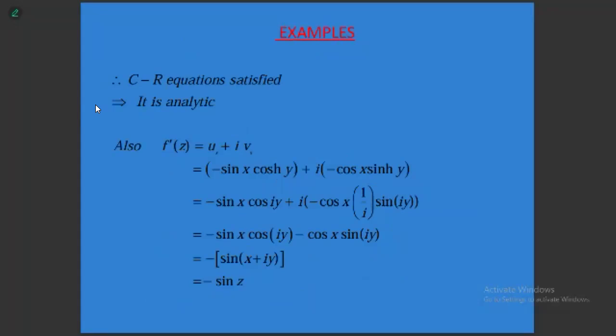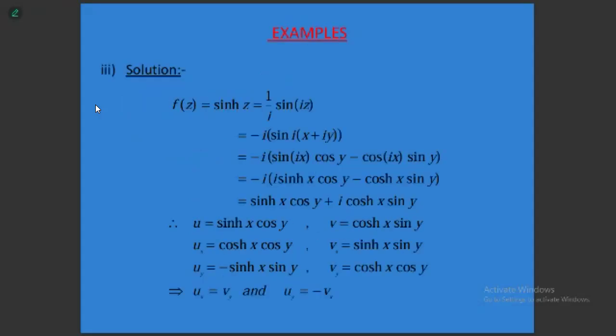And we will find f dash of z also. f dash of z is equal to u x plus i v x. So substitute the values of u x plus i v x, split the values, and the value of f dash of z is equal to minus sin z. So obviously it is continuous.